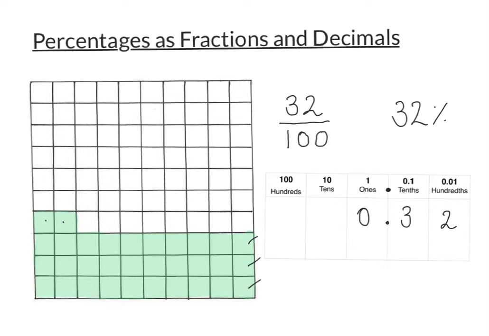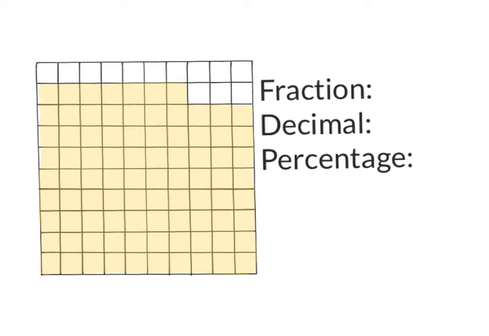Have a go at this one. What is this 100 square showing as a fraction, a decimal and a percentage? And as always, press play when you're ready to find out the answer. So I've got 10, 20, 30, 40, 50, 60, 70, 80, 81, 82, 83, 84, 85, 86, 87 parts shaded.